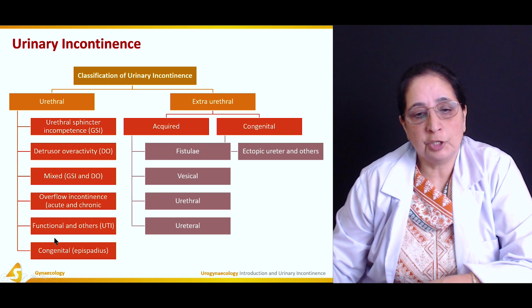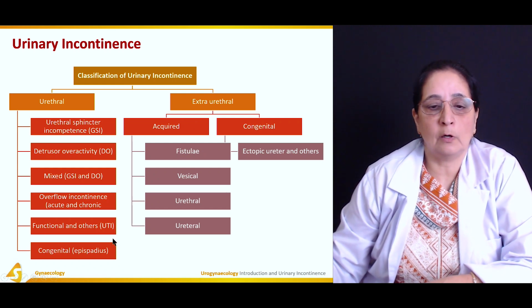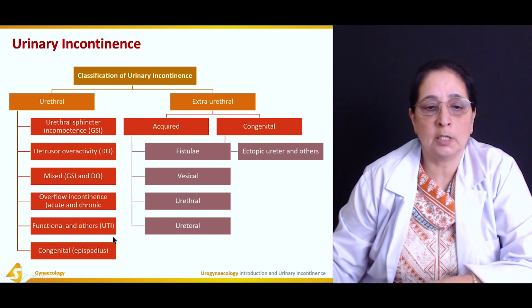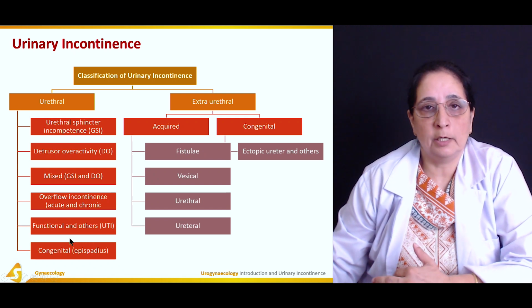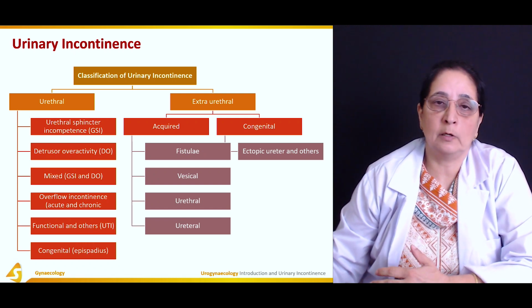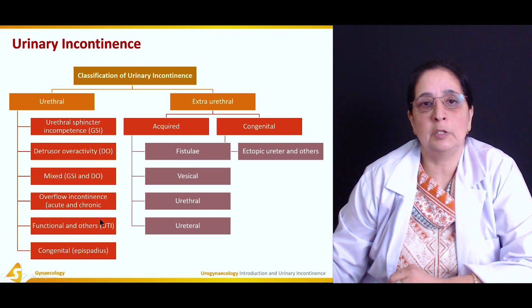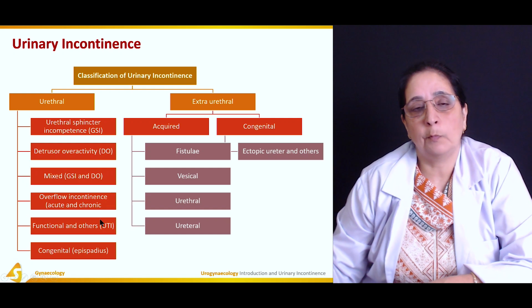Then we have functional and other different types of urinary incontinence, mainly neurogenic incontinence, because as we saw before in the nerve supply and the physiology, the nervous system plays an important role.